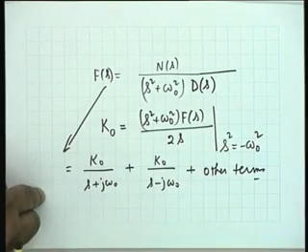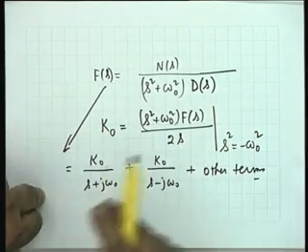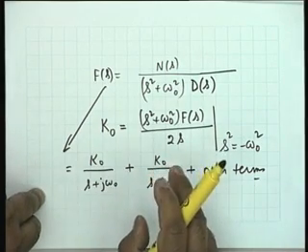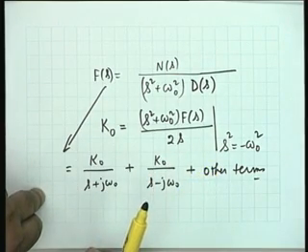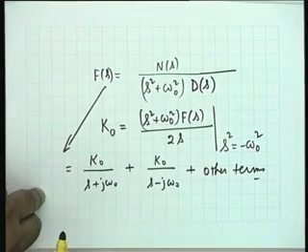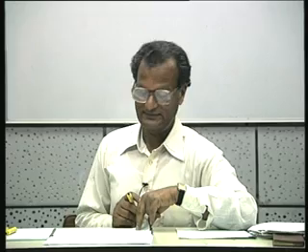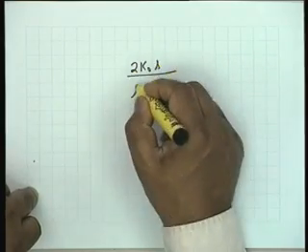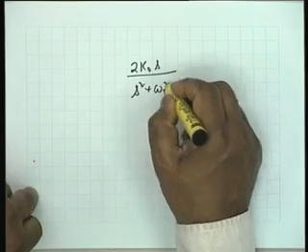K0 is called the residue at the pole at plus minus j omega naught, and this residue must be real and positive. Why positive? You are convinced about the realness of it. Okay. Why positive? Suppose k0 is negative. After all, the term that comes is twice k0 s divided by s squared plus omega naught squared.